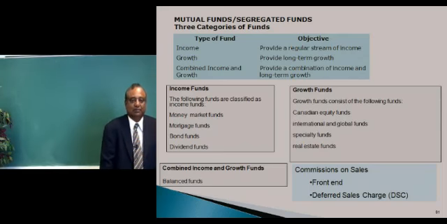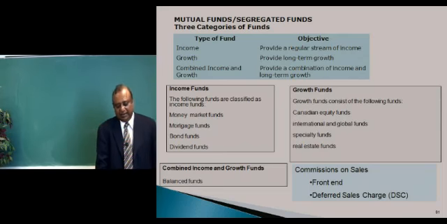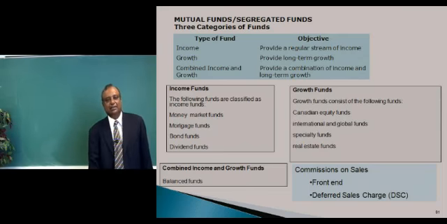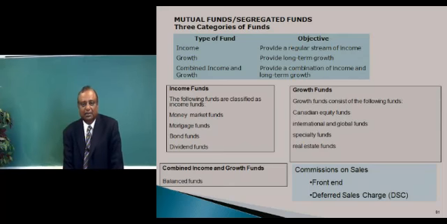Growth funds, if you're looking for growth, you should be investing into equity, Canadian equity or international and global funds. Specialty funds are high risk funds because the manager of this fund chooses some industrial area or segment of the industry and invests into those only.